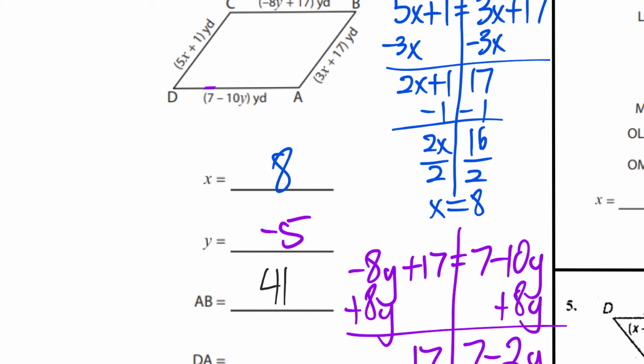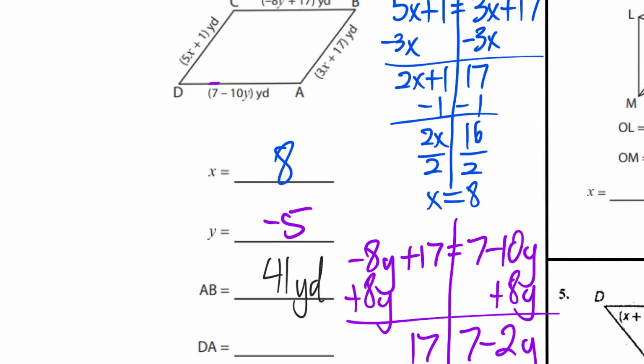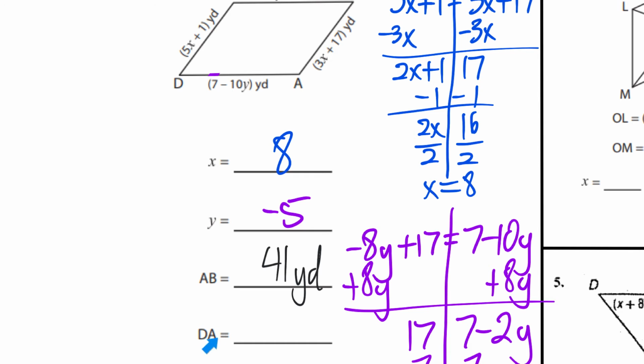It's going to be 41. Yep. Okay. And then to find DA down here, I'm going to take negative 5 and plug it in here. So what's negative 10 times negative 5? It's positive 50. So what's 7 plus 50? This is going to be 57.